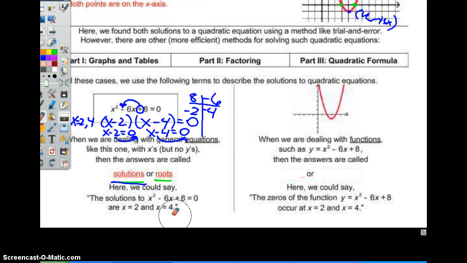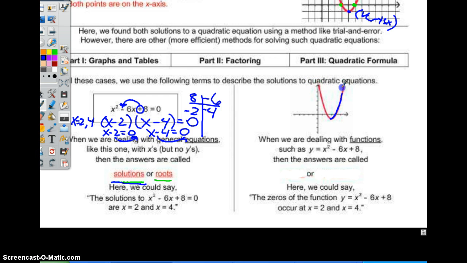Okay? Now, if you graph it, notice this one actually has a y in the equation. So that means you could graph it on a plane. So if we were to graph this, we put this in our calculator real quick, it would look like this parabola right here. Go back.